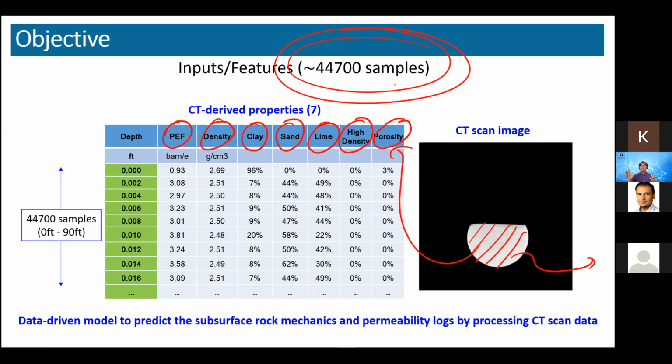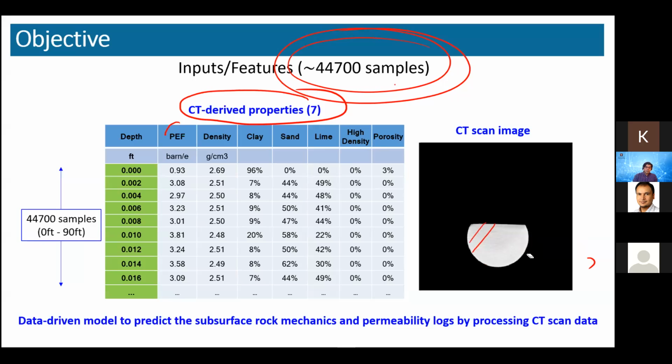They have an inbuilt algorithm. It was not a machine learning work. It was an inversion type of work, which is physics driven. So for each slice, they could generate photoelectric factor, density, and so on. These CT derived properties are also features.